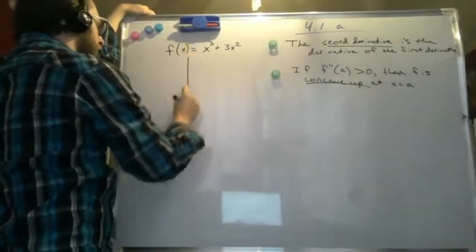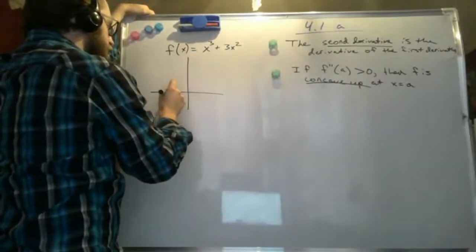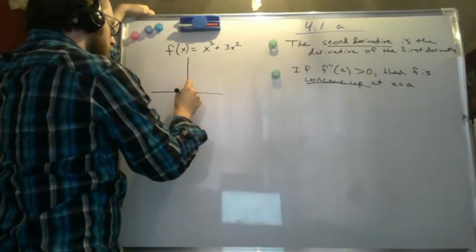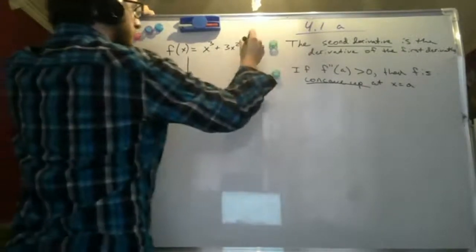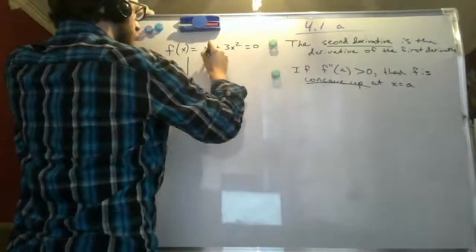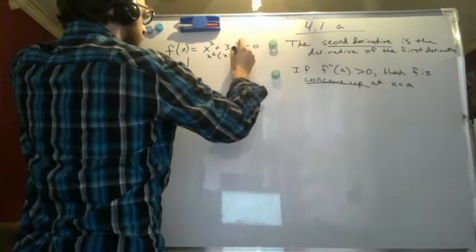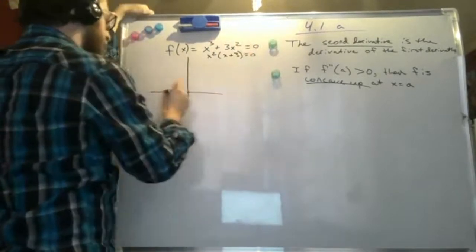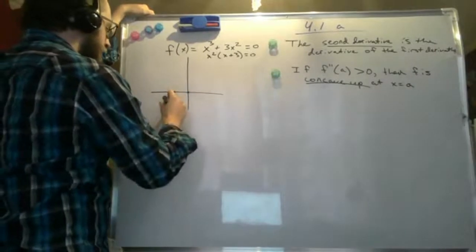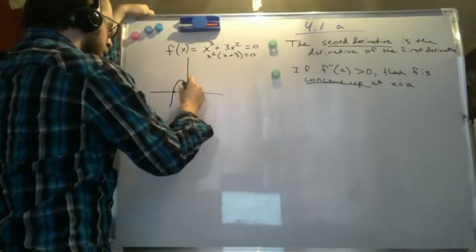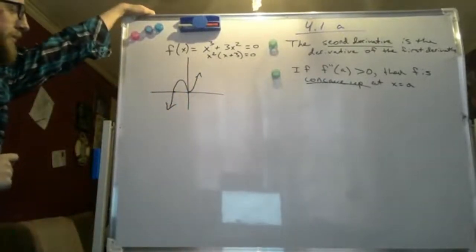Well, this was that graph we had where we had a 0 at 0, but it was also 0 at -3, and it looked something like this, right? We had a graph that looked like this.